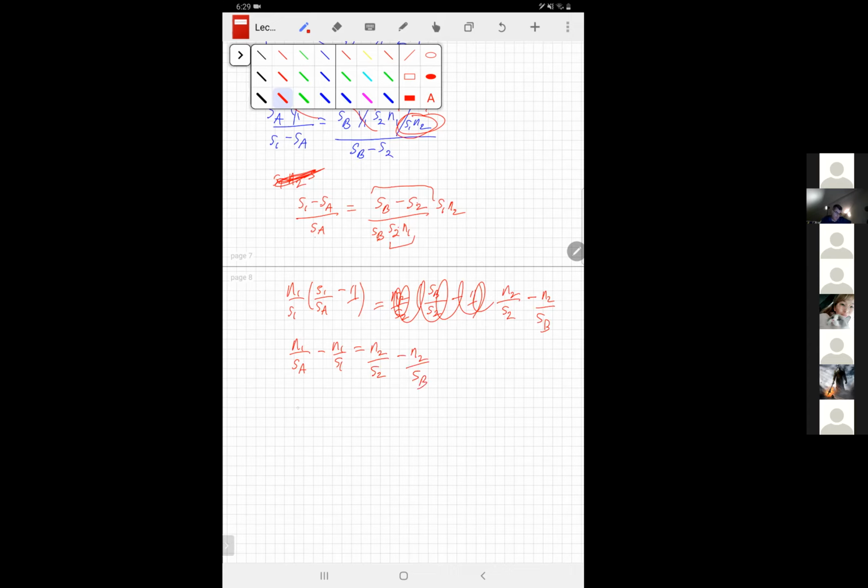Okay, so I pull all this together and I get, now I could move that and move that. Now I get N1 over SA plus N2 over SB equals N1 over S1 plus N2 over S2.